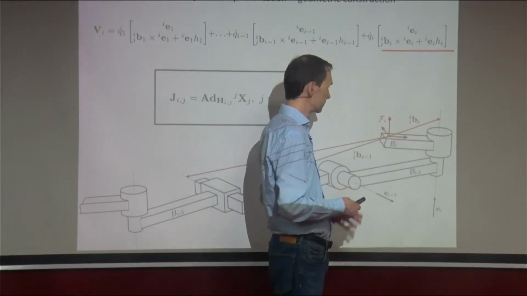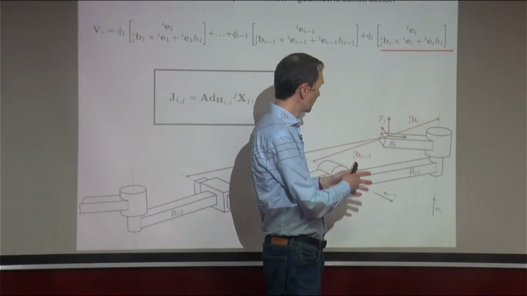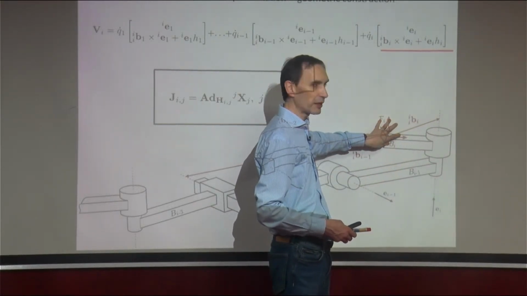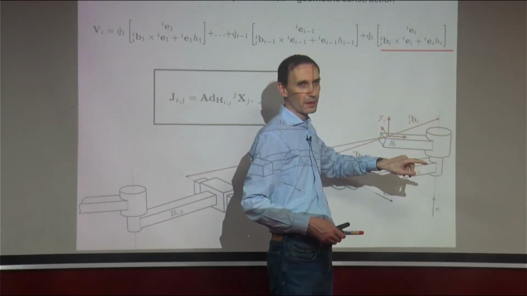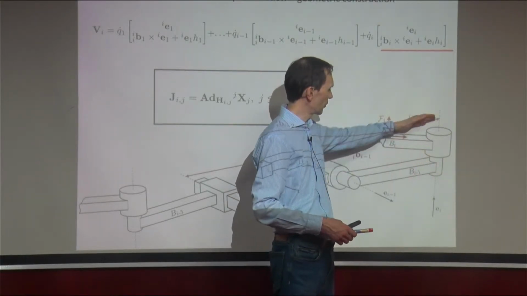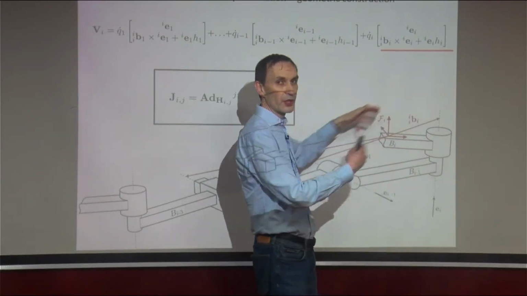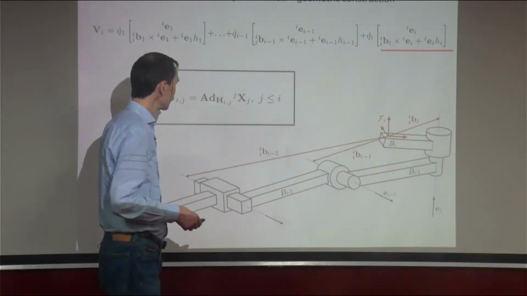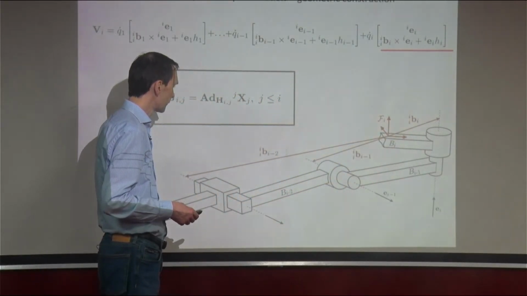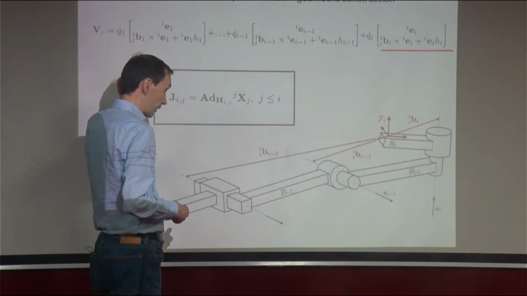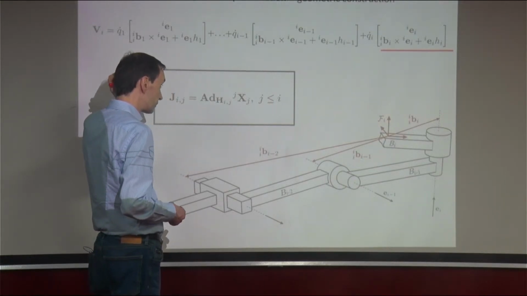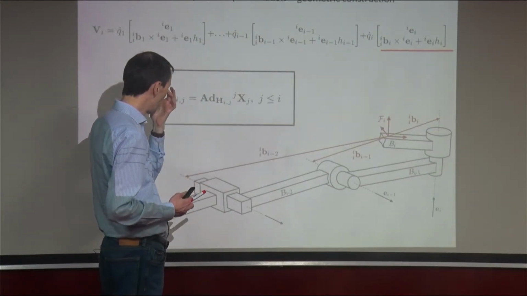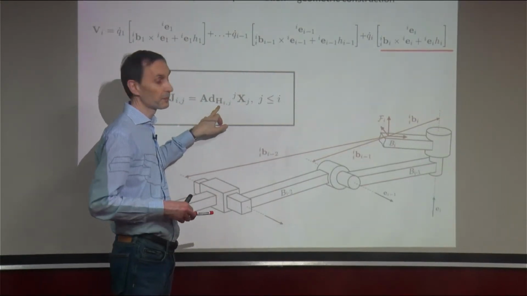Now, again, we are dealing with rigid bodies. So this vector, in particular the BII, the one that goes from the frame I to the joint I, is constant, because if the whole thing is moving, this is not changing. Very nice. Hij transforms from the J frame to the I frame.